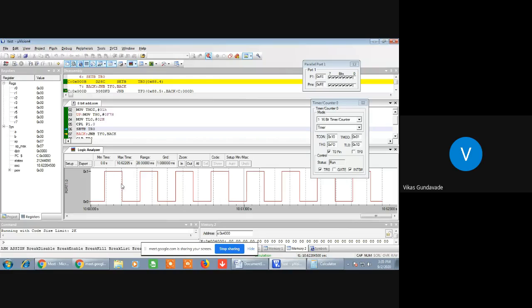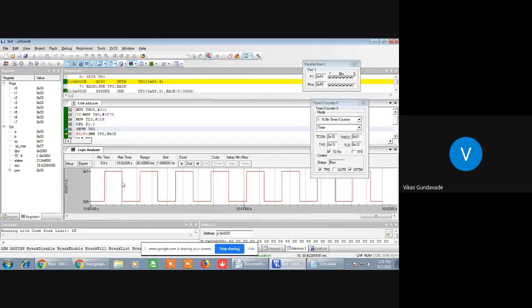See here, for every clock cycle, it is a 50% duty cycle. You can calculate here port 1.0. Here see the time, 10.60507 seconds. And here if we take this value, 10.60622.